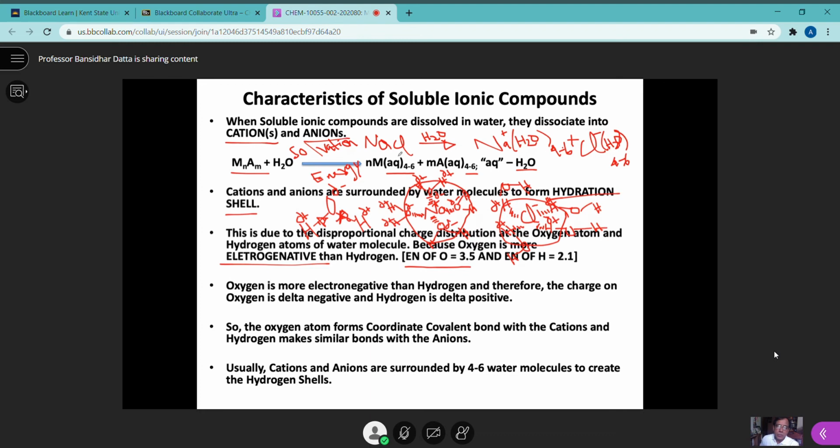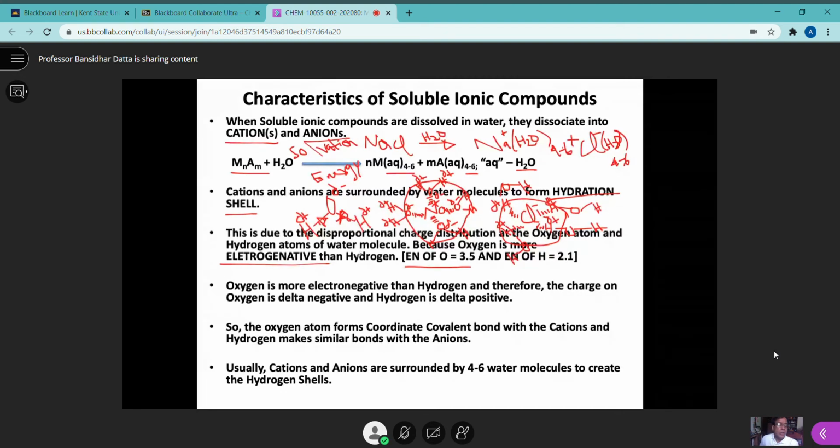So water provides the solvation energy to soluble ionic compounds to split the ionic force or ionic bond to generate cations and anions. Then water molecules surround the cation via oxygen. Water molecules surround the anion via hydrogen and neutralize the positive and negative charges respectively. And because of that, they can stay separated. And as they are separated, they create a solvation cell or hydration cell.